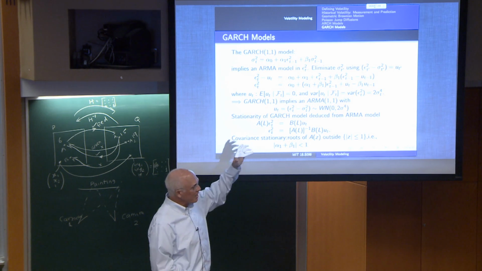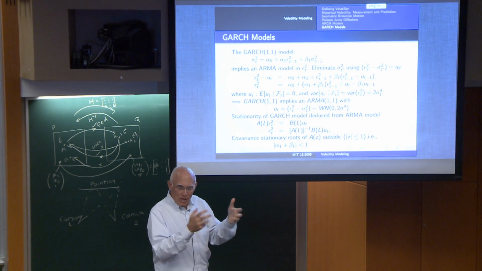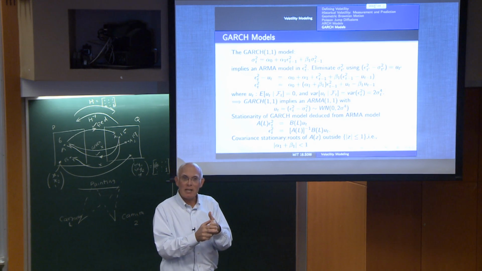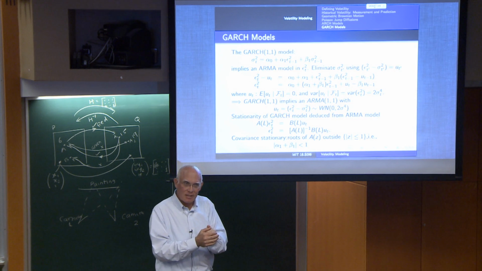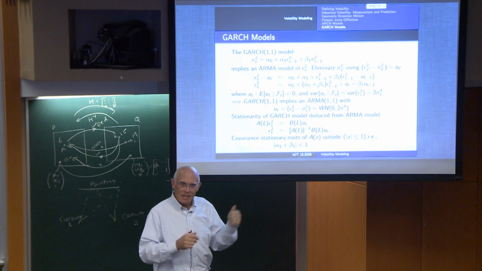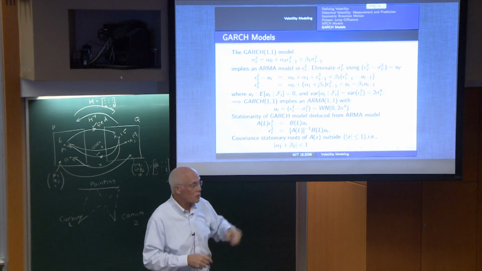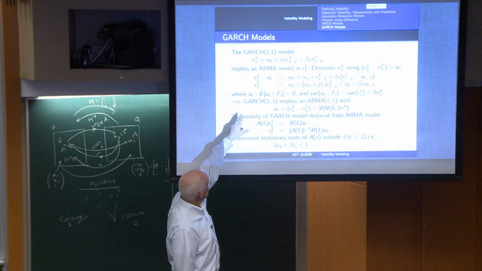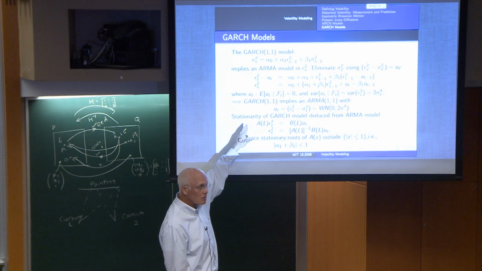So if you plug in the difference between our squared excess return and the current volatility, that should have mean 0, because sigma squared t, the t-th volatility squared, is equal to the expectation of the squared excess residual return, epsilon t squared. So if we plug that in, we basically get an ARMA model for the squared residuals.